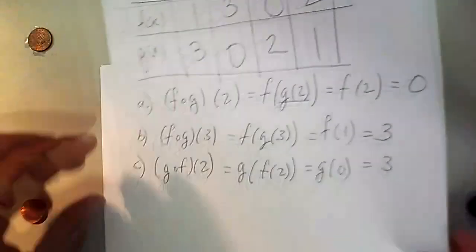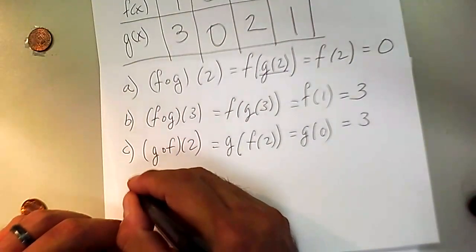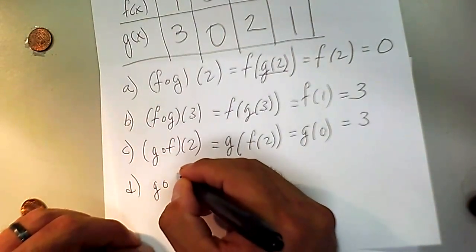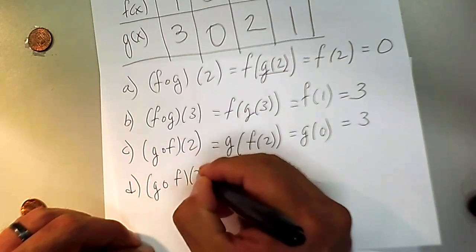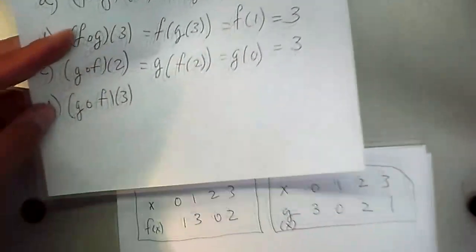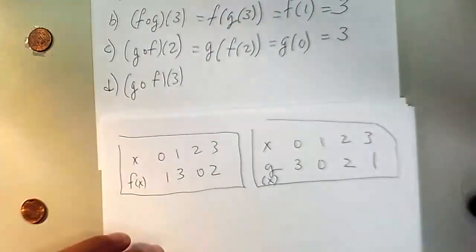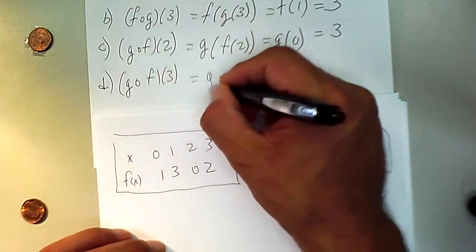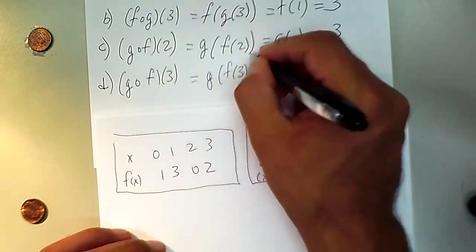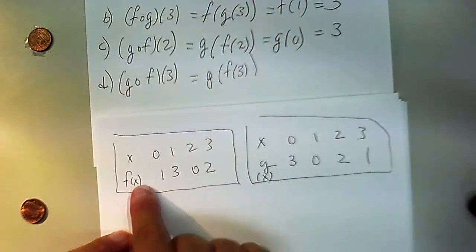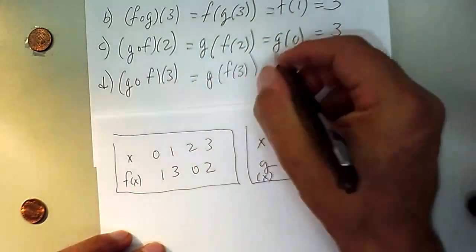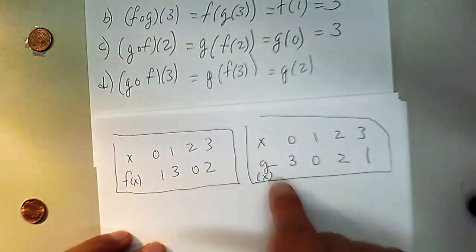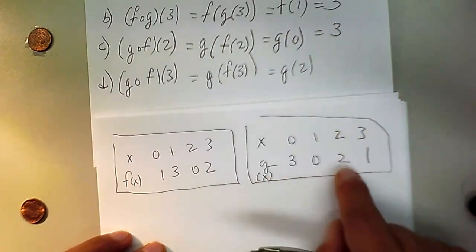Okay, so let's say we want to find the g composed with f of 3. Okay, let's use those two tables now instead. So this calls for g of f of 3. F of 3 is 2, g of 2, and g of 2 is 2.